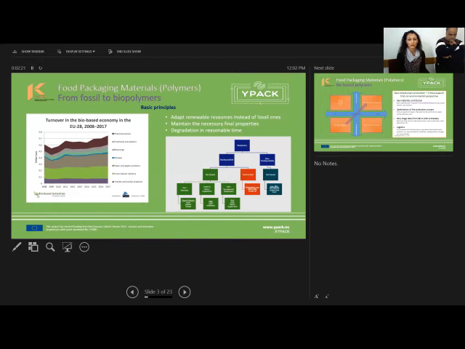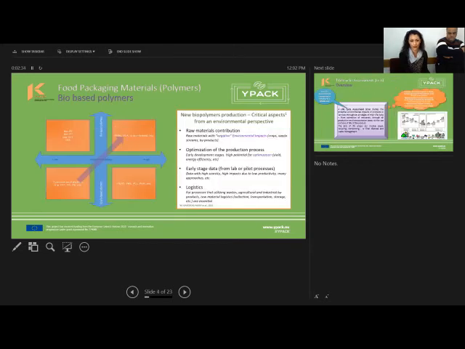And in order for us to be able to use them, they have to maintain the necessary final properties and also to degrade in a reasonable time. So the challenge in the food packaging industry is to go from conventional plastics that present low biodegradability to bio-based polymers that are highly biodegradable.